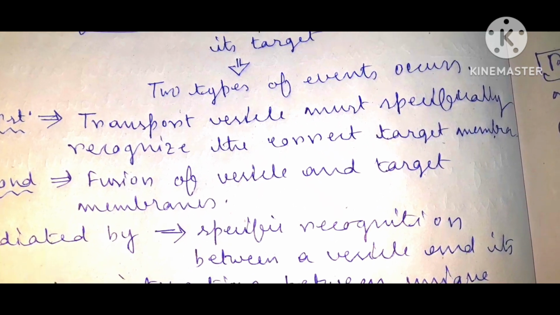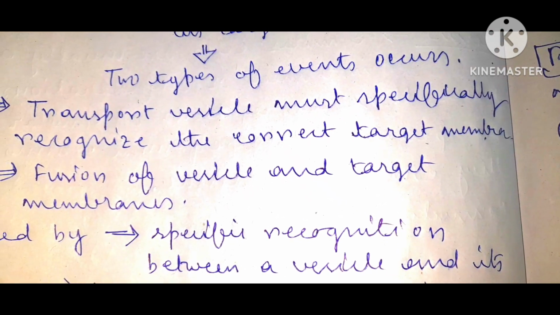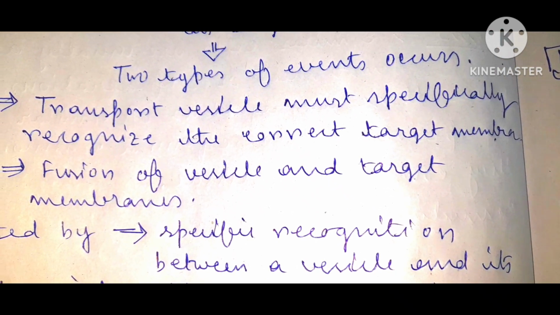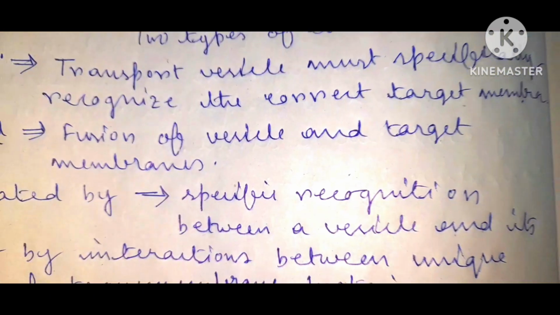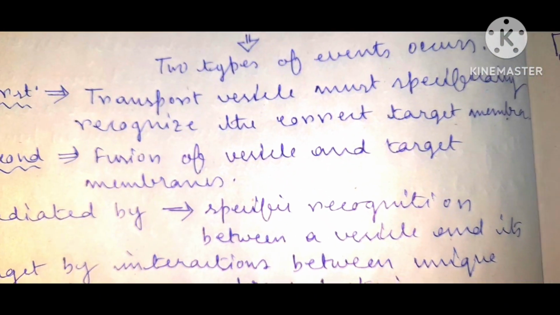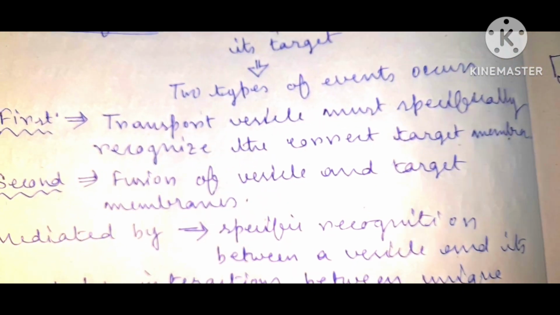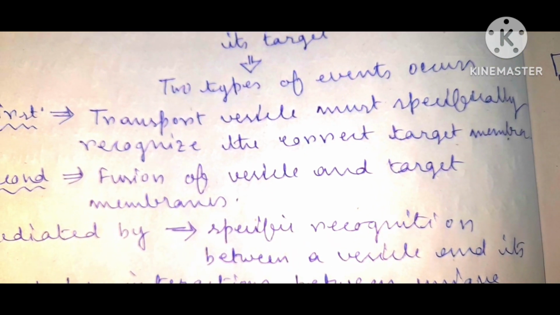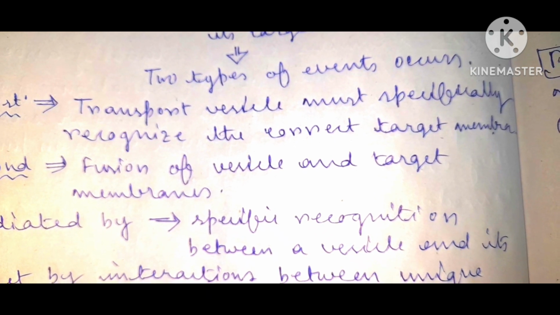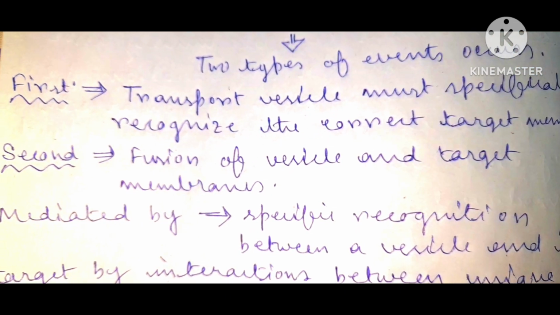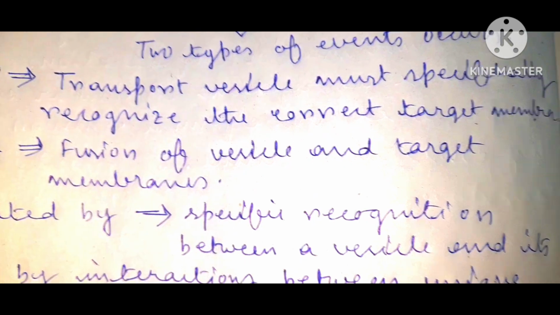Because this transport vesicle and target membrane are going to fuse. Okay. Then the second step is fusion of vesicle and target membrane. So two types of event occur here: first, recognition of transport vesicle and its correct target membrane, and the second step is fusion of vesicle and target membrane.